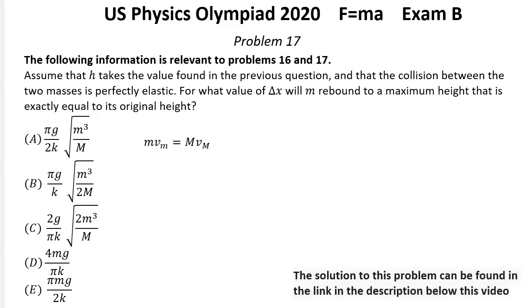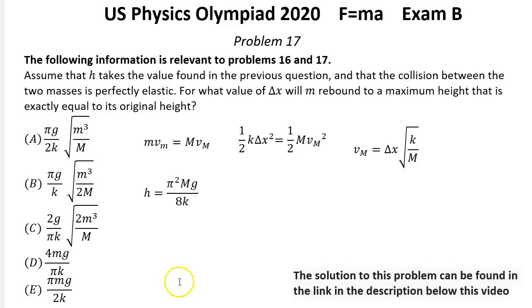For big mass we have potential energy of the spring equal to kinetic energy of the big mass, so that will be this equation, and from here we can find v big M. That's dx multiplied by square root of k over big M. For small mass we can just calculate the speed of this mass after free fall for distance h, which we found in the previous problem.